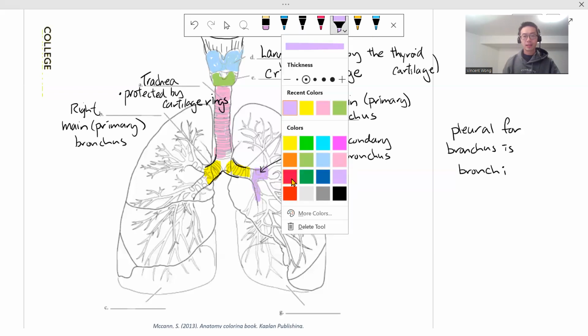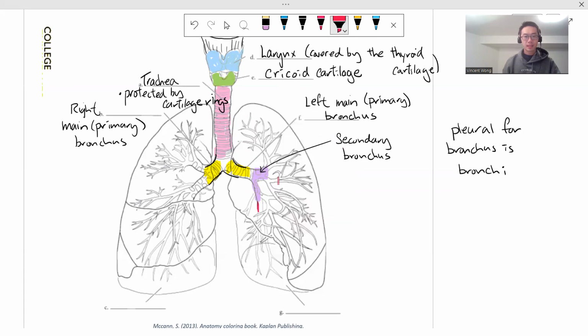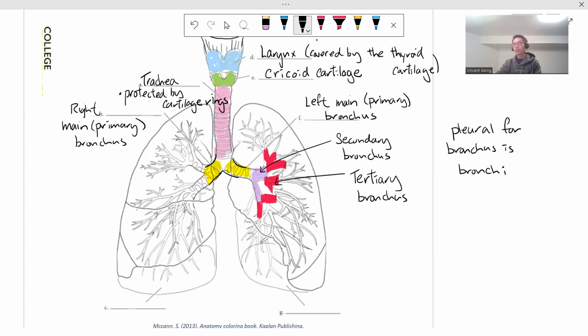And guess what? It's going to split again. And if you're thinking tertiary, then you're correct. So just keep on splitting and splitting, and eventually it will become quite small.